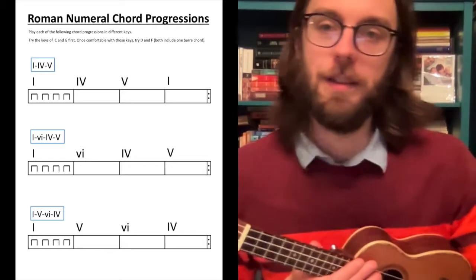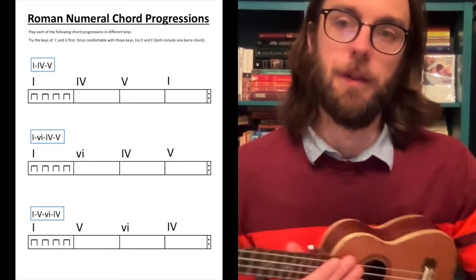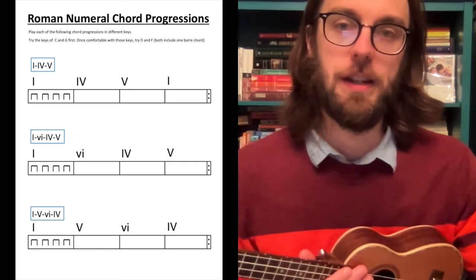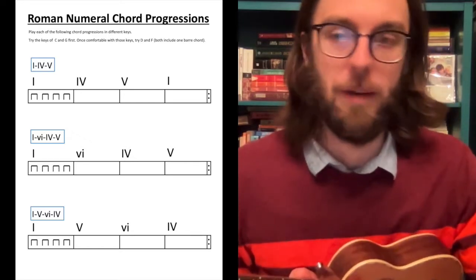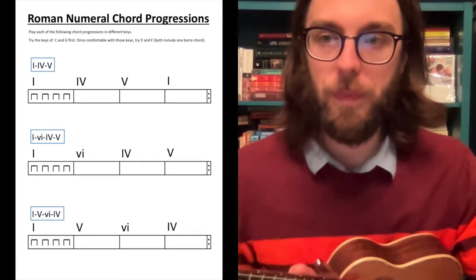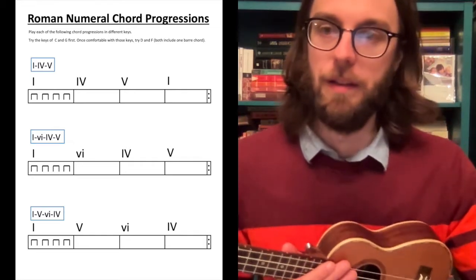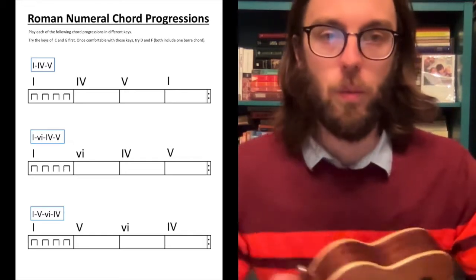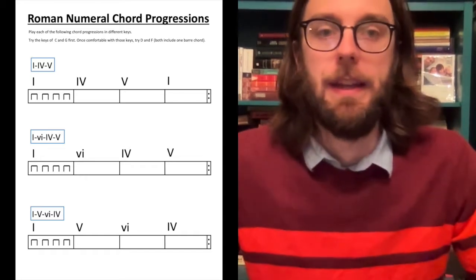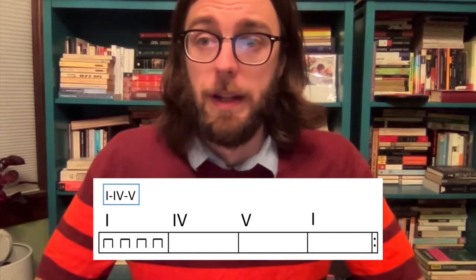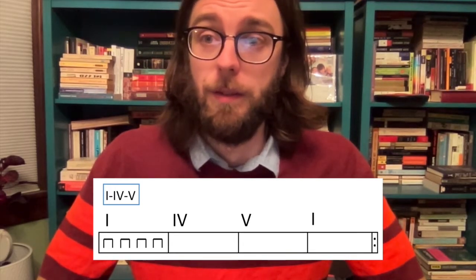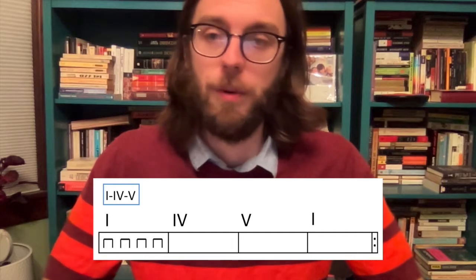So we'll do these in a few different keys, C, G, D, and F, and I'll just give a couple examples for each. But this first chord progression, 1, 4, 5, is basically the blues progression. This progression came from the blues, and it's one of the most common chord progressions.